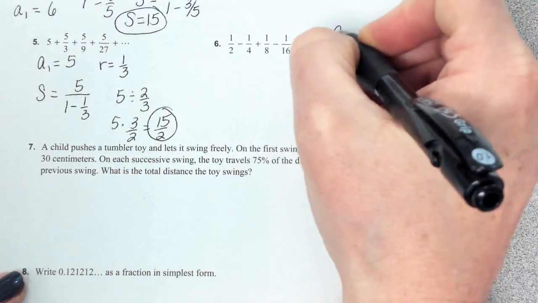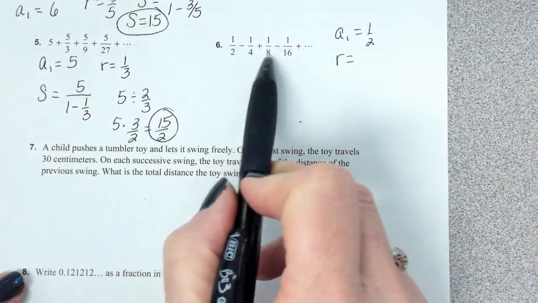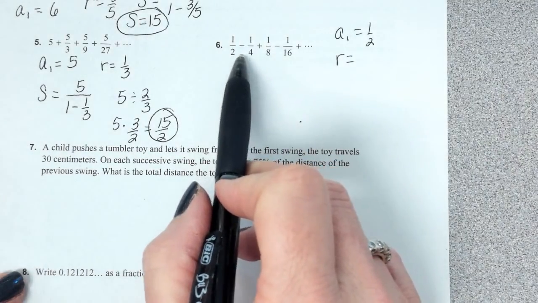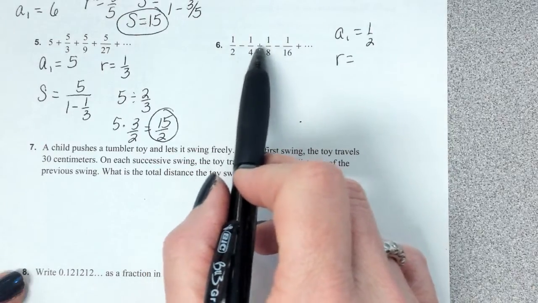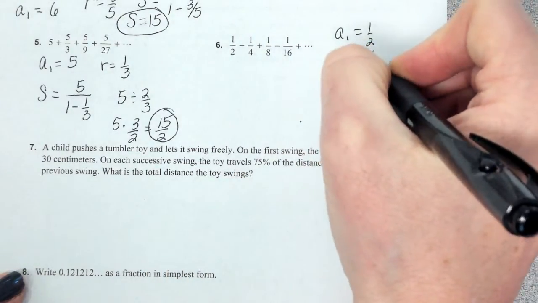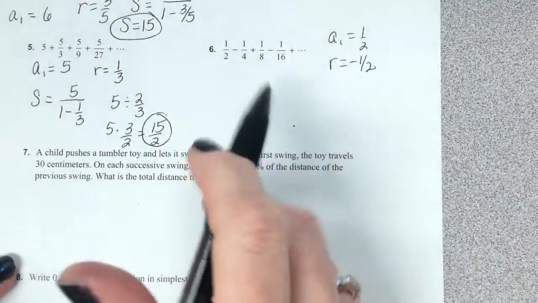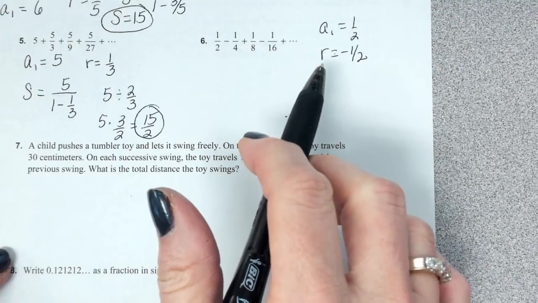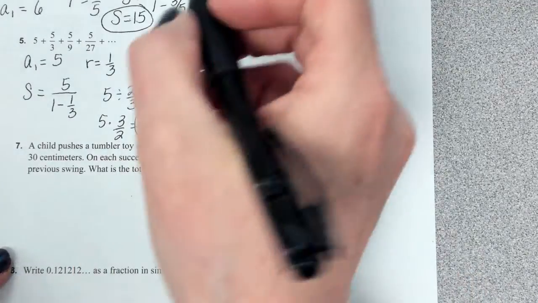A sub 1 is 1/2. r in this case, what's r going to be in this case? It's not just 1/2 though. Negative 1/2. And that's okay. r is allowed to be a negative 1/2. Our formula says that the absolute value of r has to be less than 1 to use the formula. And so this will have a sum.